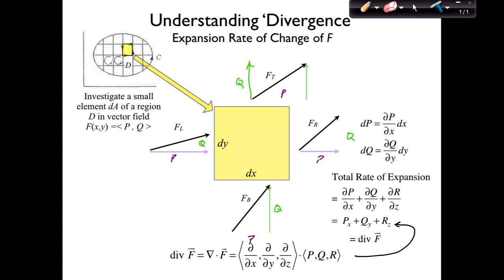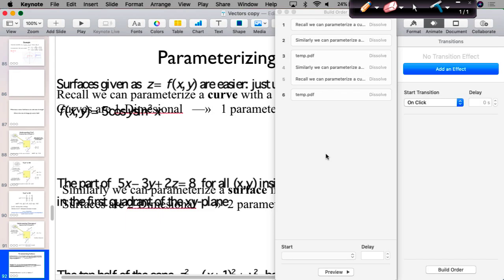Doesn't make sense. So let's go back to that field that we were just working on. This one. And let's predict. We're going to look at different quadrants here and predict.